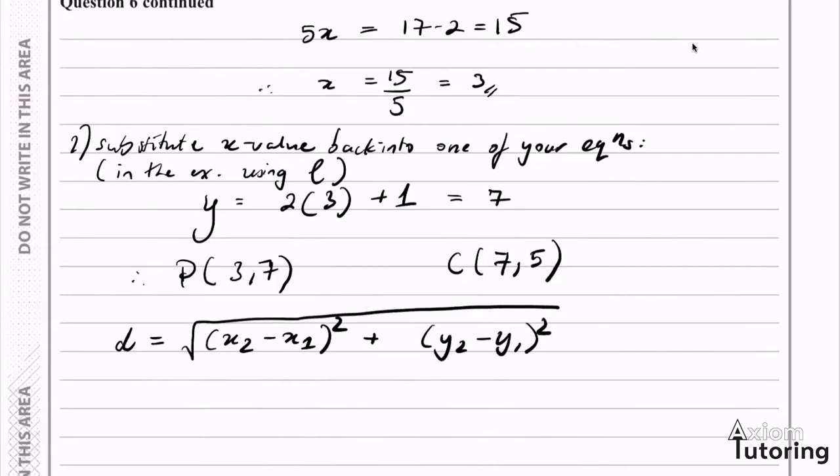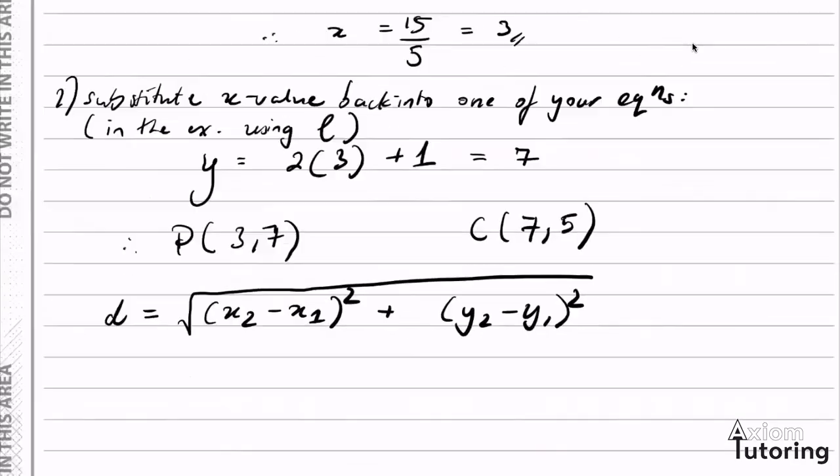All we need to do is substitute in our values by first choosing our first coordinate and our second coordinate. We can assign values of x1, y1 to point P as our first coordinate, and x2 and y2 to C as our second coordinate.